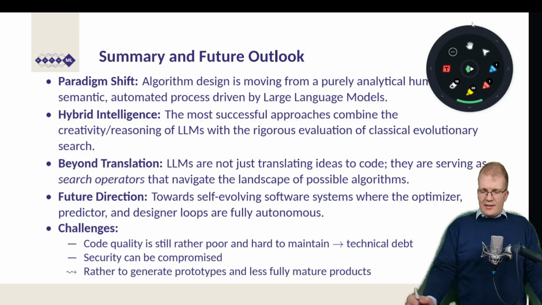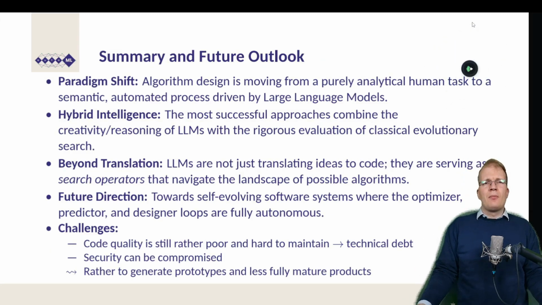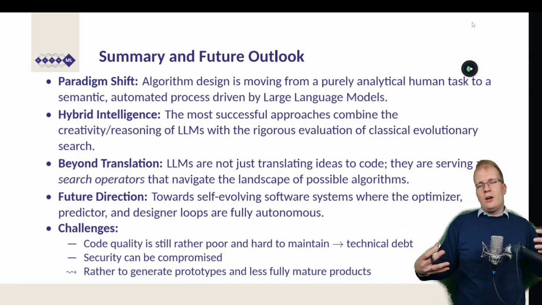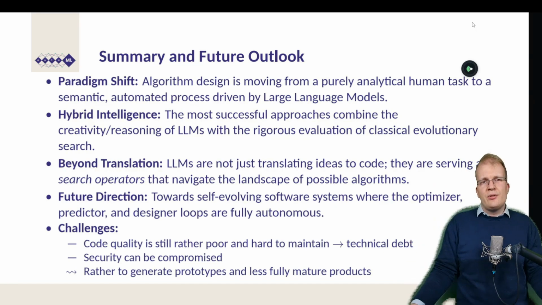So as a summary for all of that, we have seen a paradigm shift. Algorithm design is moving from purely analytic human tasks to a more semantic, automated process driven by large language models. And we have this kind of hybrid intelligence nevertheless being involved, because now we can use LLMs for reasoning and for suggesting new solutions. Some people also call that creativity.